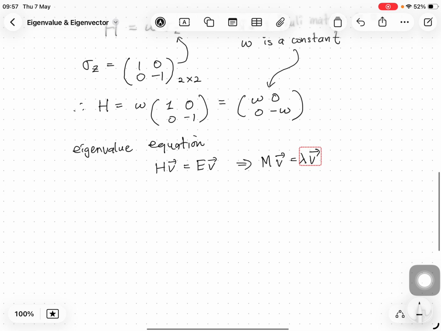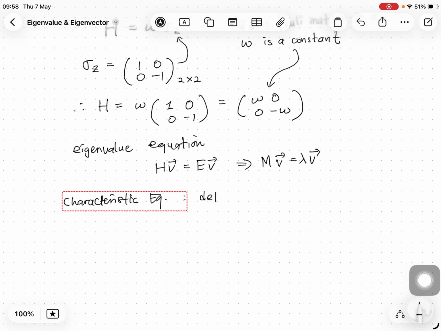Using the characteristic equation, we find the determinant of H minus E I, where I is the 2 by 2 identity matrix, equals 0.